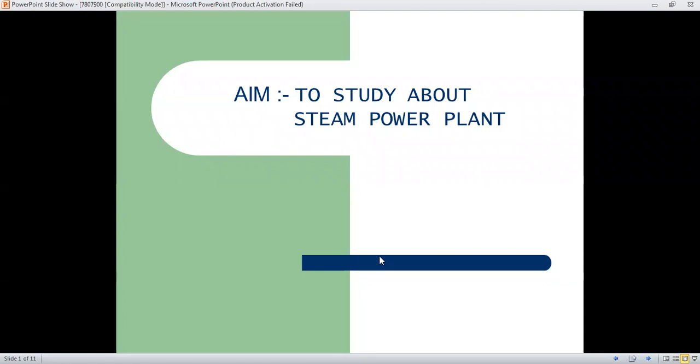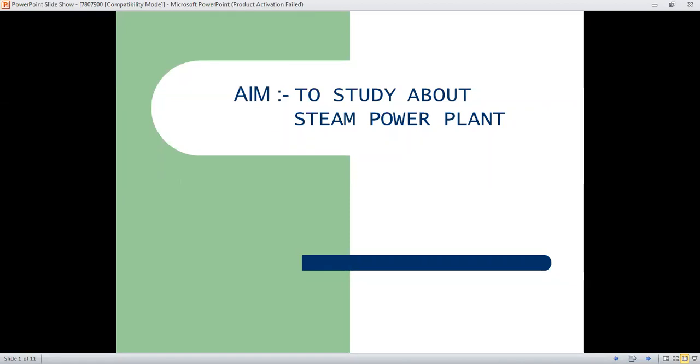So students, the main uses of steam are in power plants and paper mills. But today we talk about the power plant. What is the application of steam in a power plant?